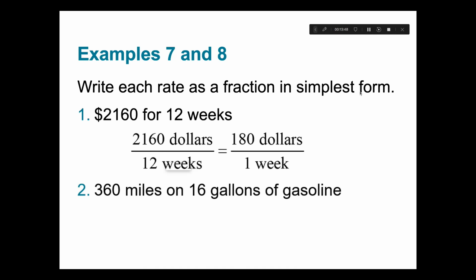The next one, 360 miles on 60 gallons of gasoline. So 360 on top, that's our miles per gallon. So we want our gallons on the bottom. Is 360 divisible by 16?